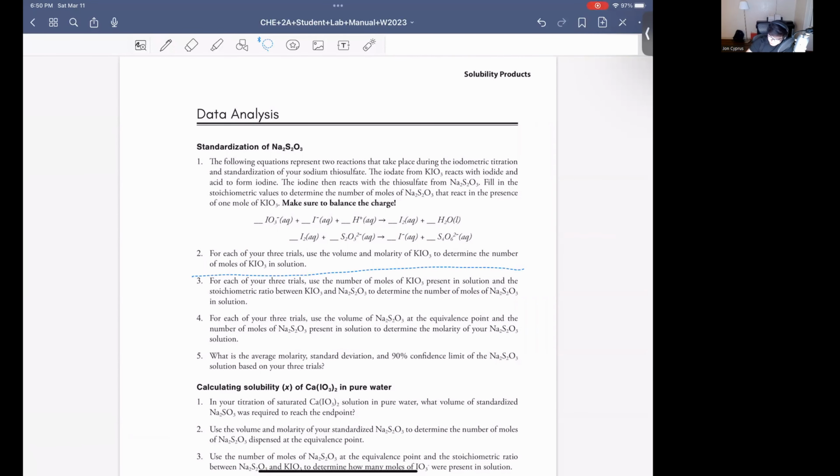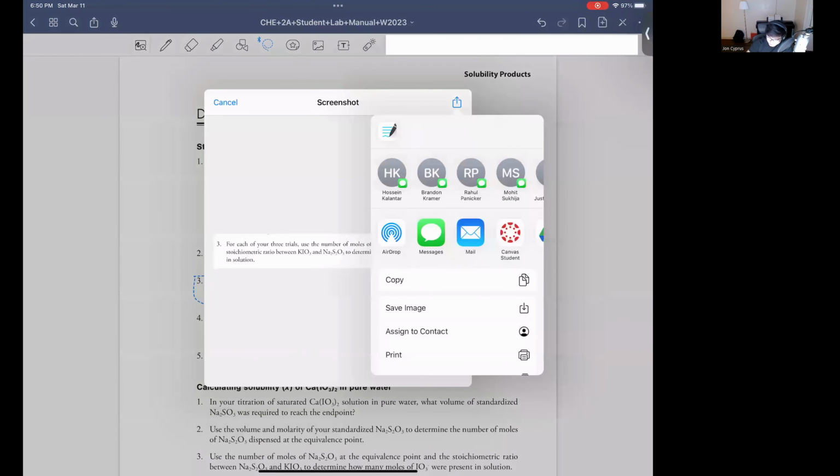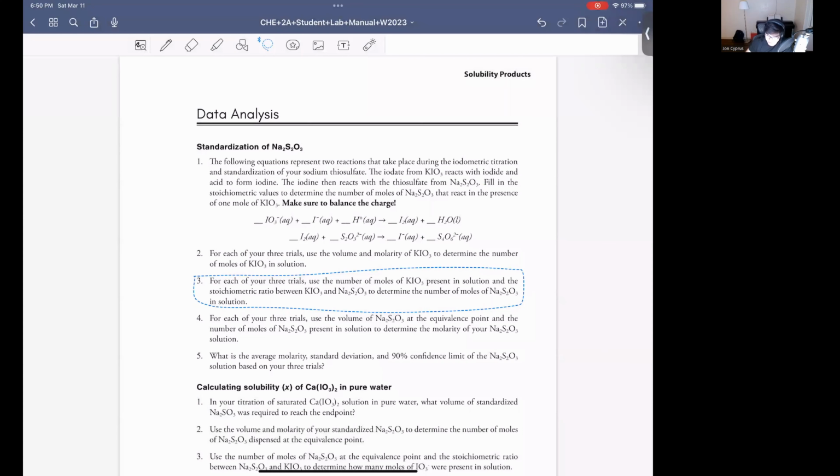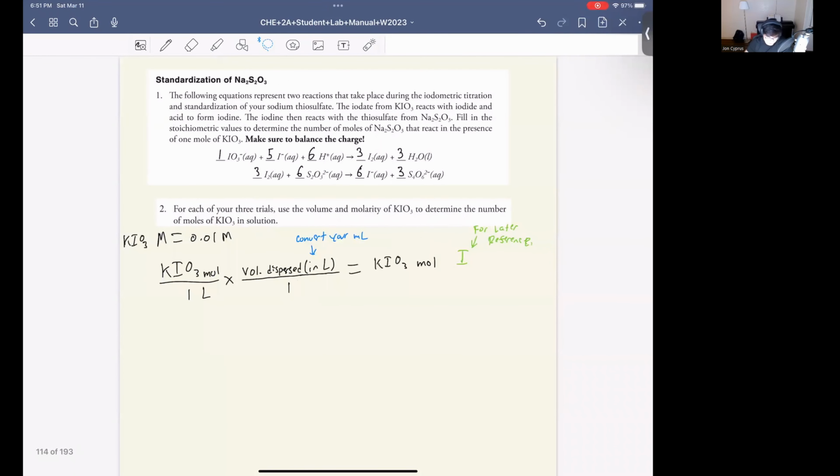Next, it says for each of your 3 trials, use the number of moles of KIO3, potassium iodate, present in solution and the stoichiometric ratio between that and sodium thiosulfate to determine the number of moles of sodium thiosulfate in your solution. So we're going to do some more conversions here.